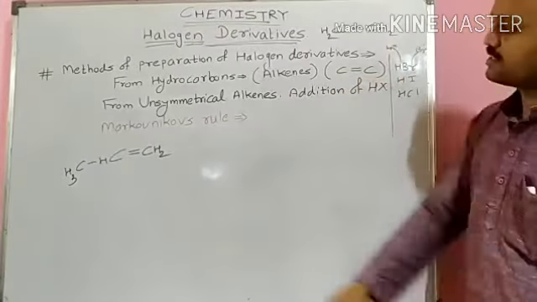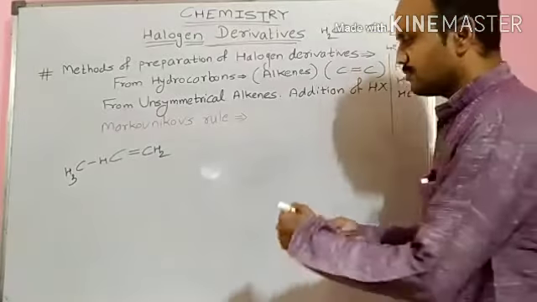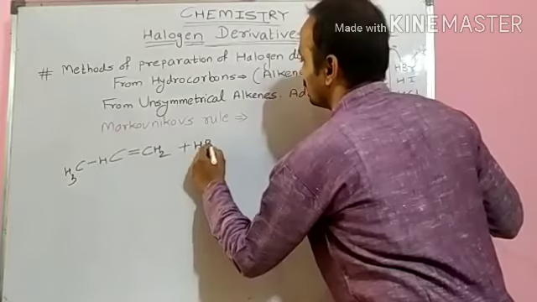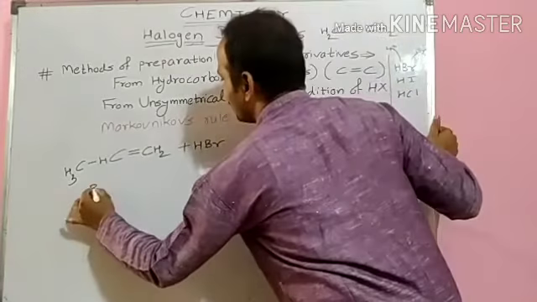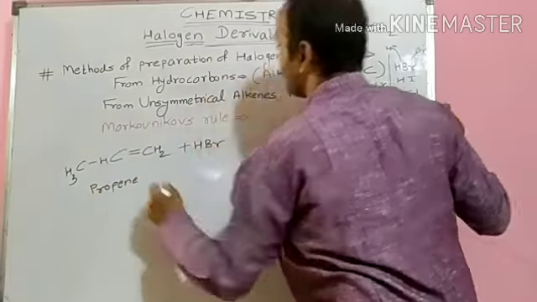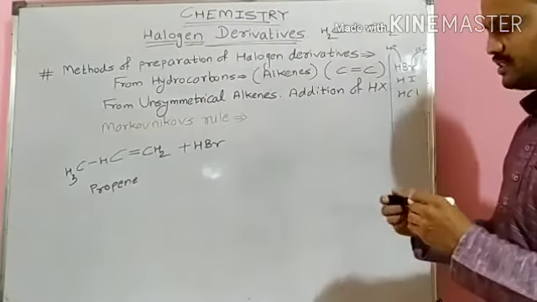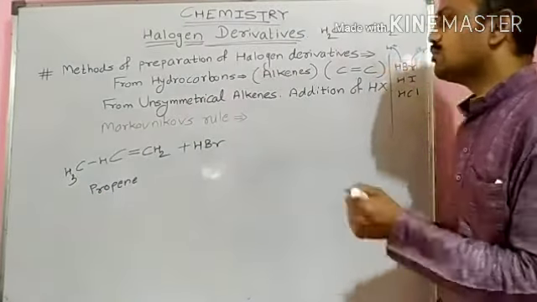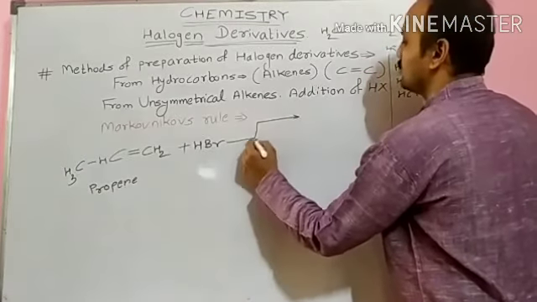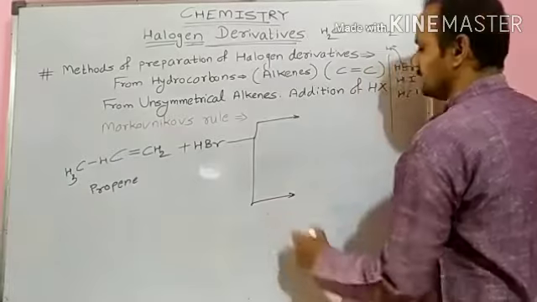In this case, students, let us see the example of Markovnikov's rule: propene plus HBr, that is hydrogen bromide. We will have two products, and we will see both products.